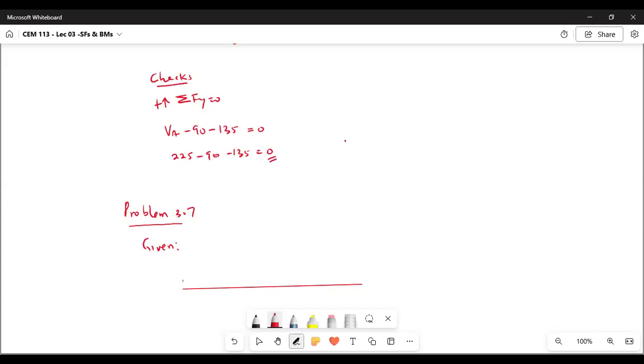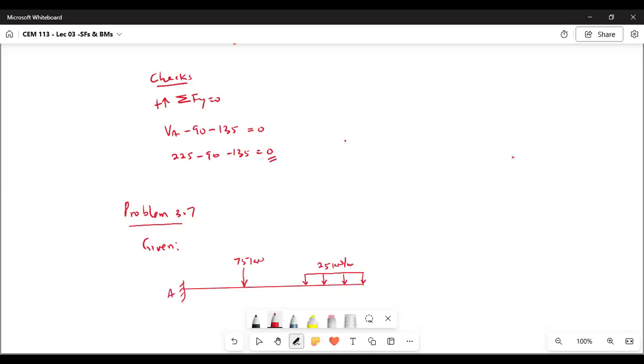So this one, and then we have this one is 25 kilonewton per meter. This is 75 kilonewton.